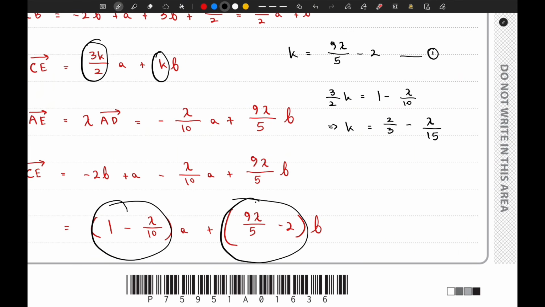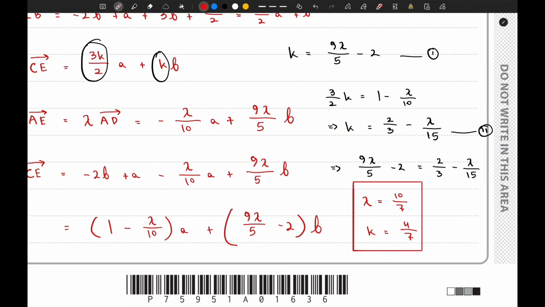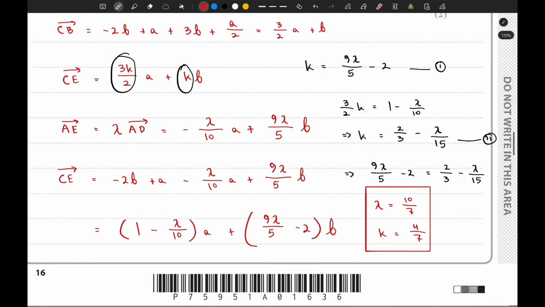This is our second equation. We need to solve these simultaneously to find the values of k and lambda. So 9 lambda over 5 minus 2 equals 2 over 3 minus lambda over 15. Solving these two equations gives us lambda as 10 over 7 and k as 4 over 7.